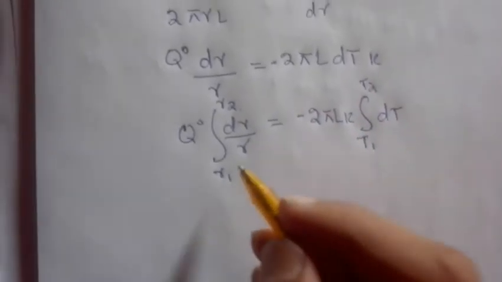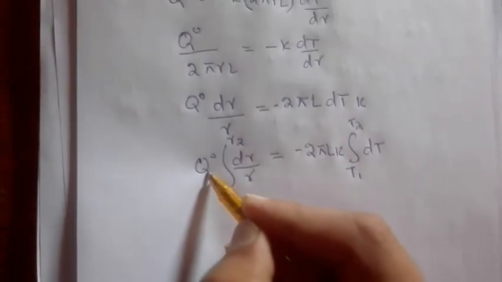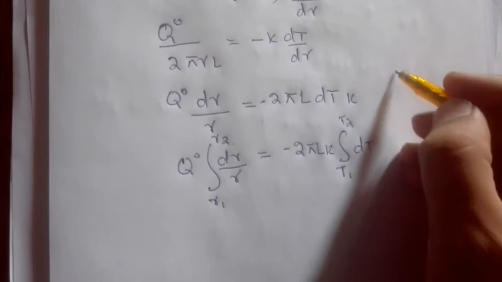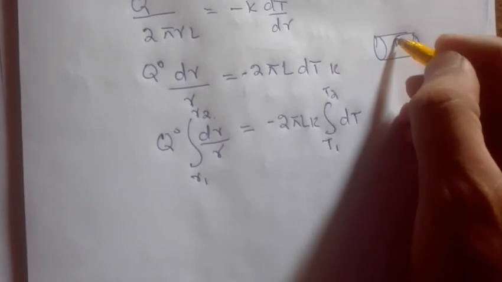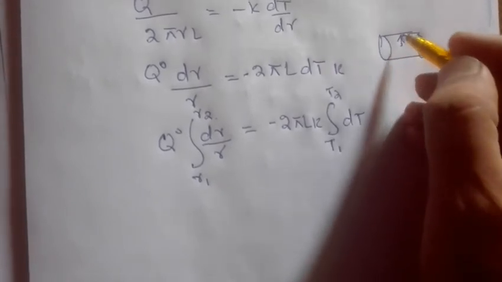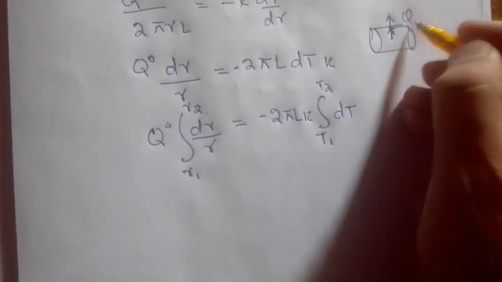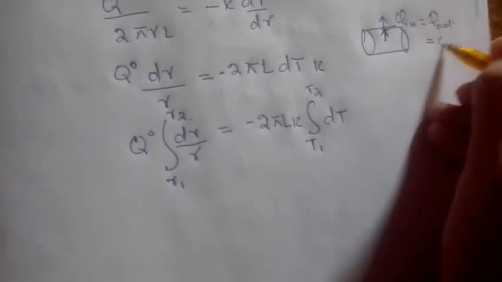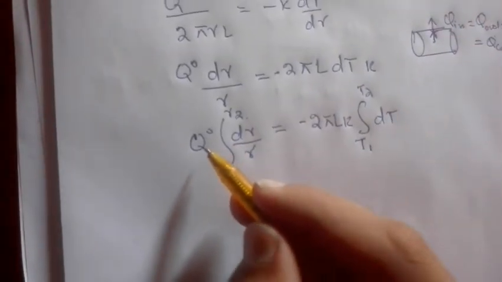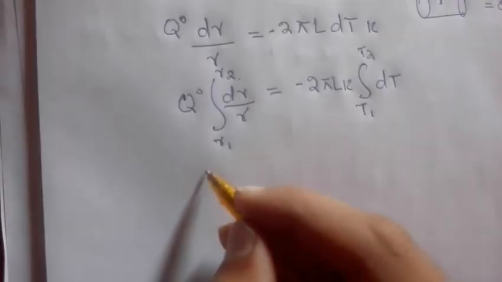Now take the integral. The heat rate is constant, because at steady state, the heat transfer from inside to outside is constant. Heat transfer from inside to the wall is equal to heat out from the wall, which is a constant quantity.